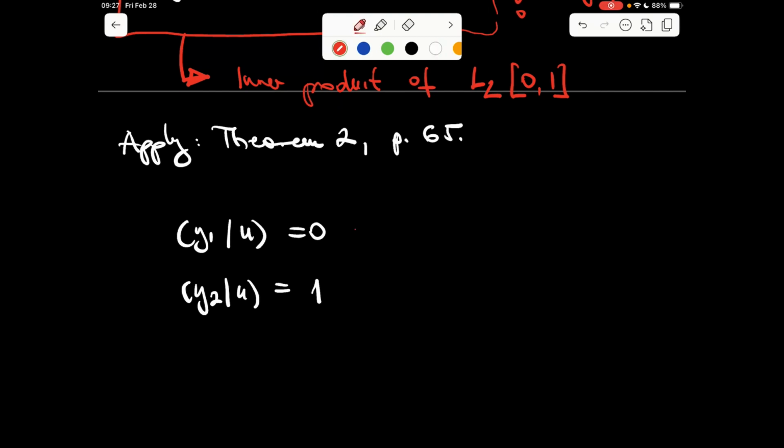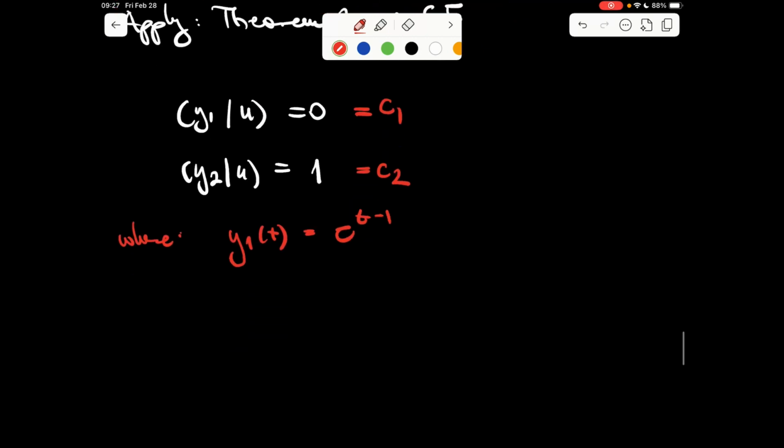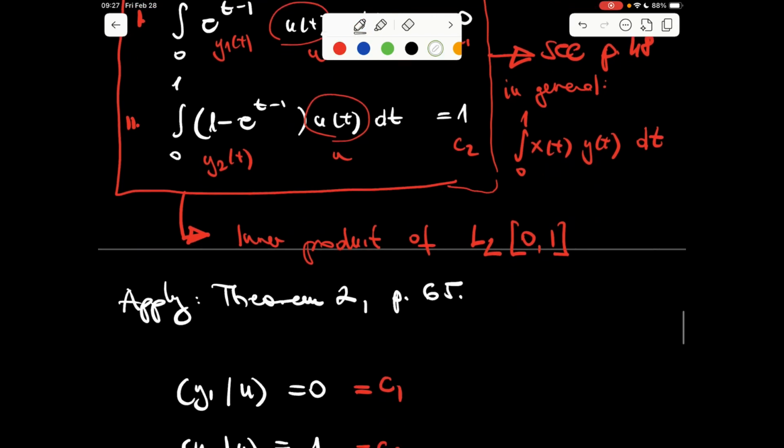So this is C1 and this is C2, and Y1 is e t minus 1 and y2 is the other function from the restriction. So this is y1, this is y2, right? And this is u. And this is c1, this is c2. That's all.